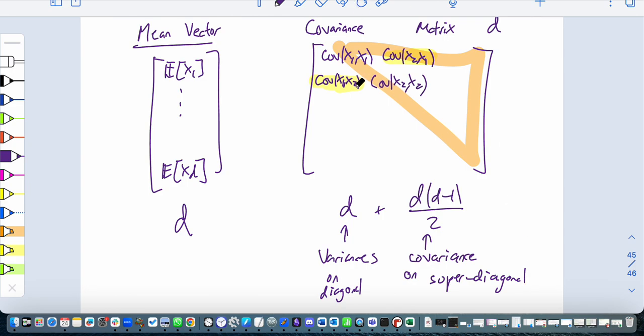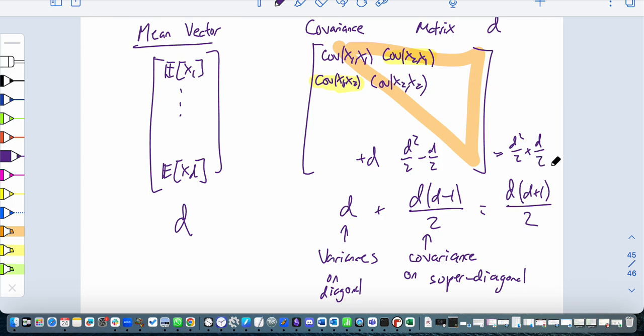You could also say altogether there is d times d plus 1 divided by 2. So that if you add these together, it's d times d plus 1 divided by 2. Is it d times d plus 1 divided by 2? Now I'm skeptical. I think it is. d squared over 2 minus d over 2 plus d, okay, which is the same as d squared over 2 plus d over 2, okay. So either way. So that is what's going on here.